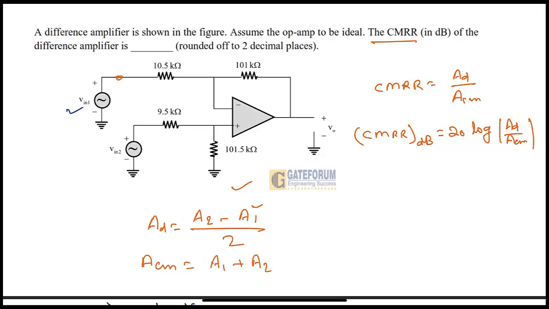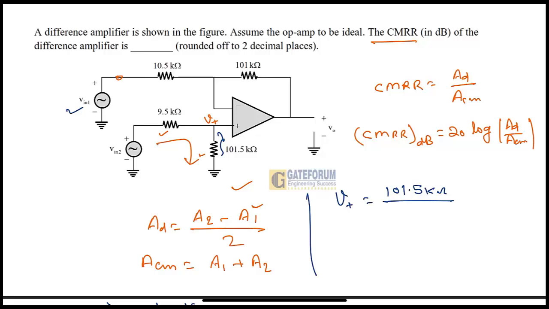Now if you see, this V in 2 has two resistors here, so there will be current flowing in this way, and here we can calculate the V plus voltage. So we can easily find out, V plus is equal to what? V plus will be the voltage across this resistor here.